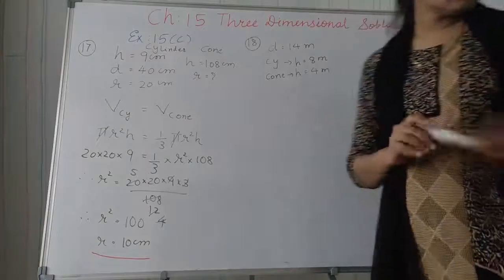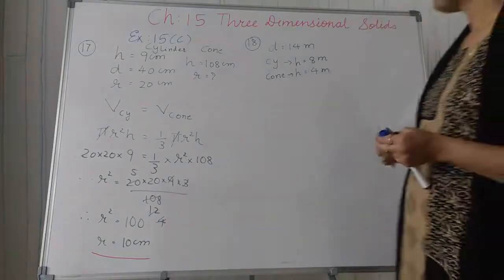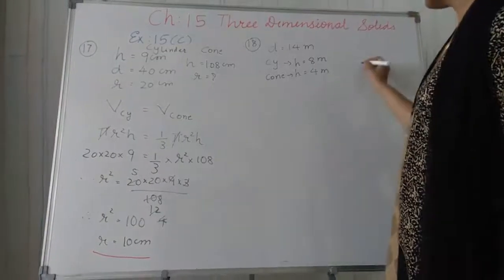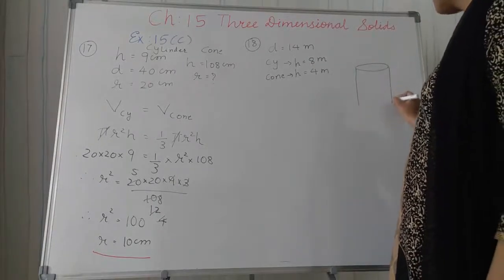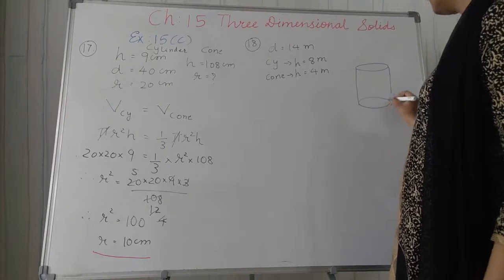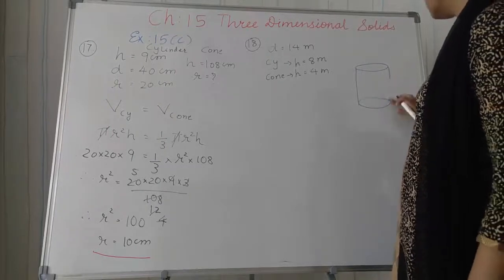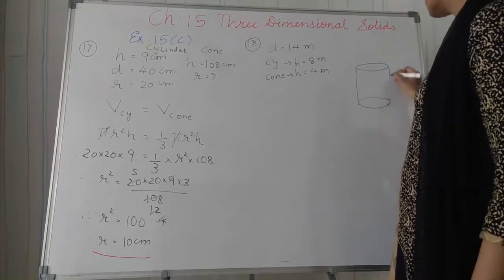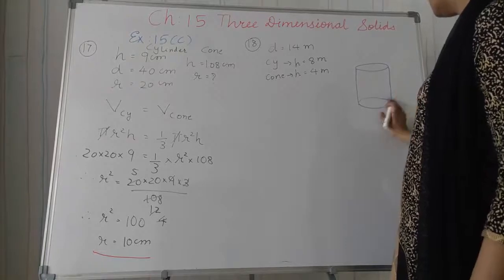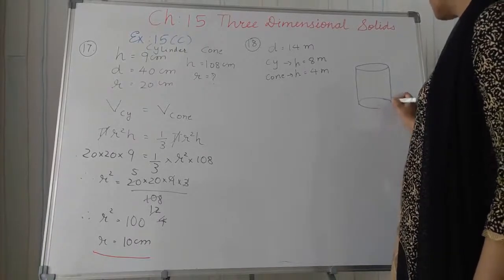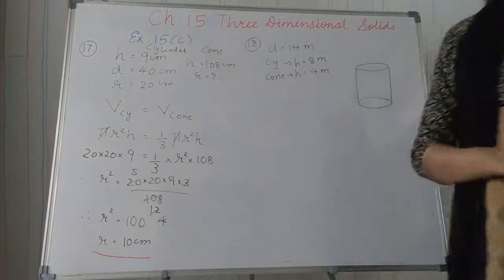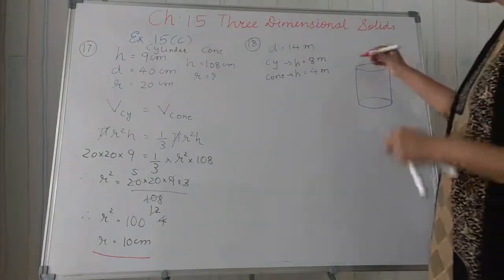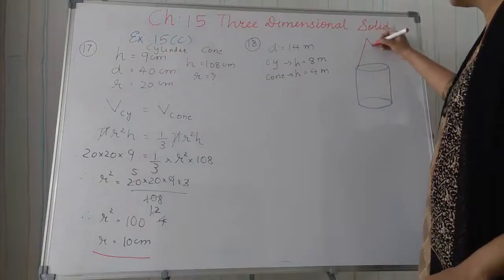So let us understand by figure. Here it is given, this is the cylinder shape. We are going to form a tent. So downside there is a cylinder shape and upper part is conical shape. So here cone shape is drawn.